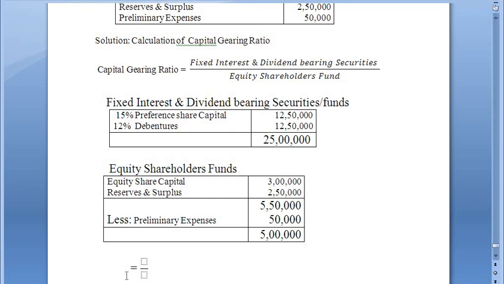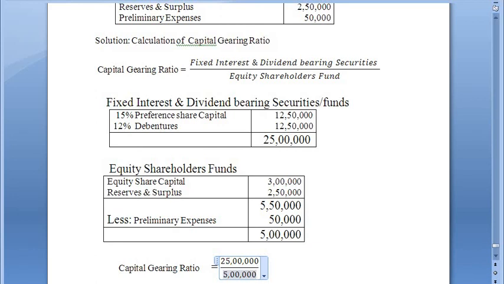Okay, so therefore capital gearing ratio is equal to fixed interest and dividend bearing funds or securities, amount is 25 lakh, divided by equity shareholders fund. How much is the amount of equity shareholders funds? It is 5 lakh.